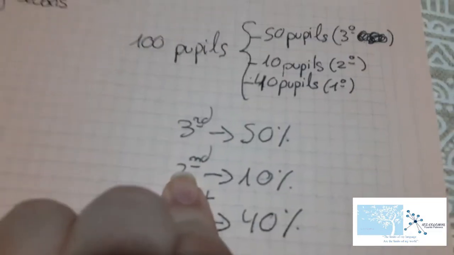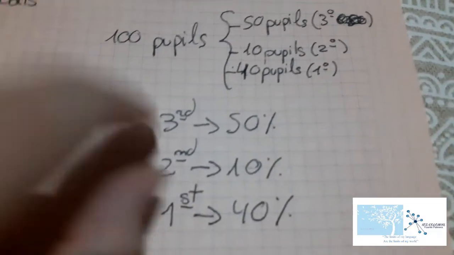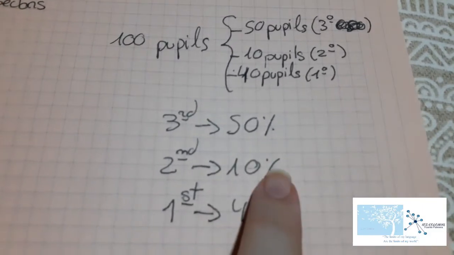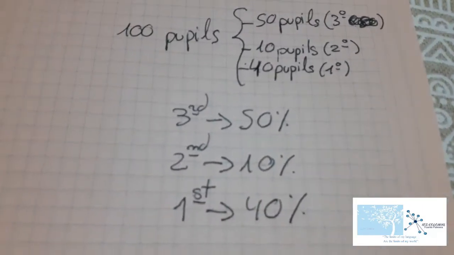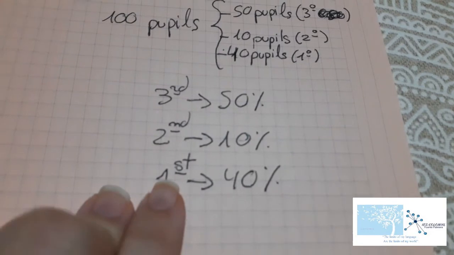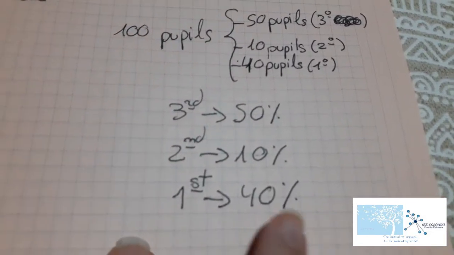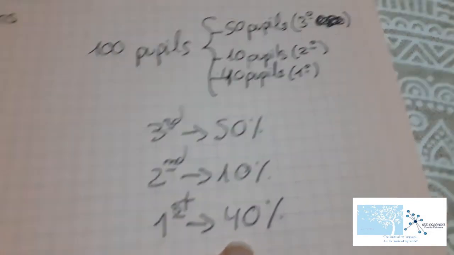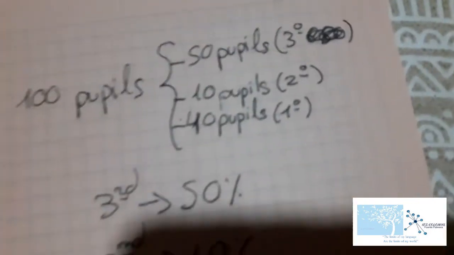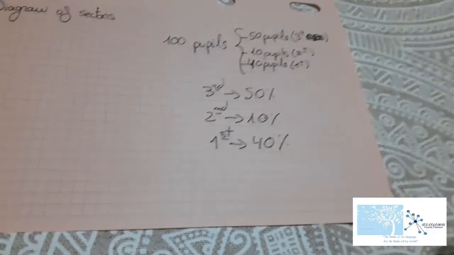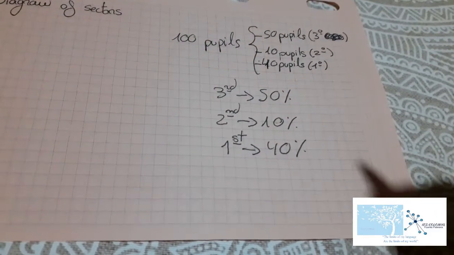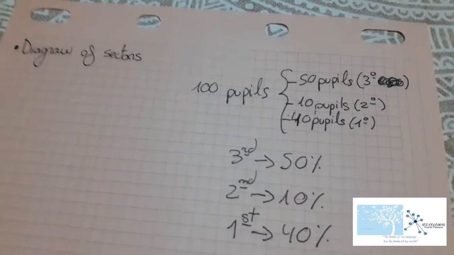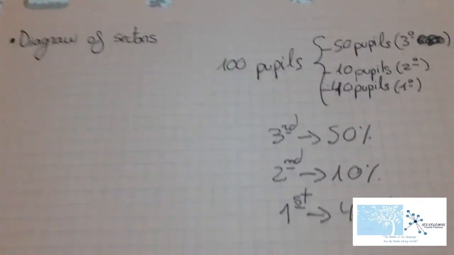The pupils in the second year are the 10% of the pupils in the school, and the pupils in the first year are the 40% of the pupils in the school, and all the pupils are the 100%.